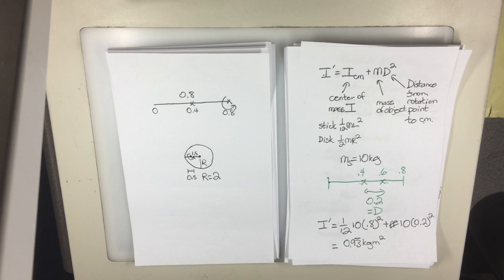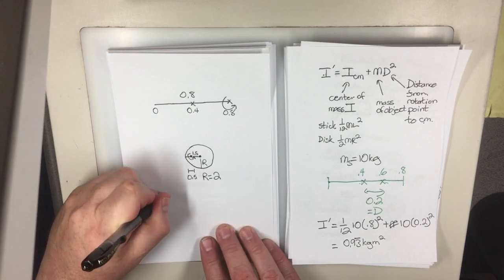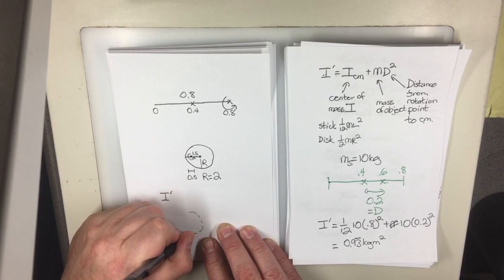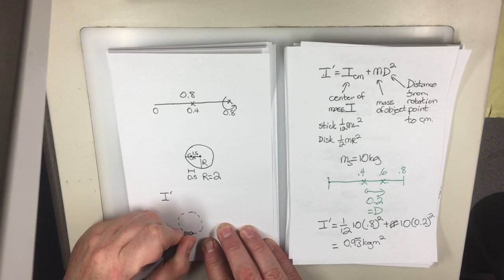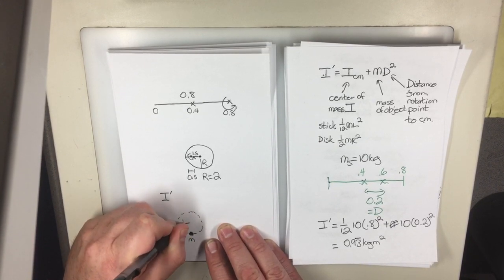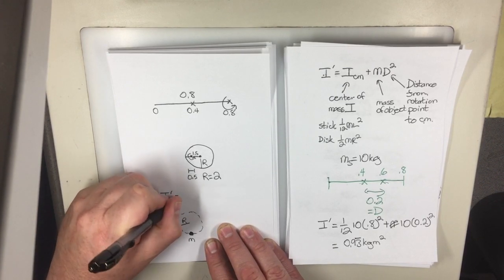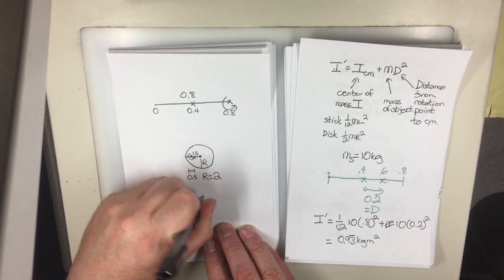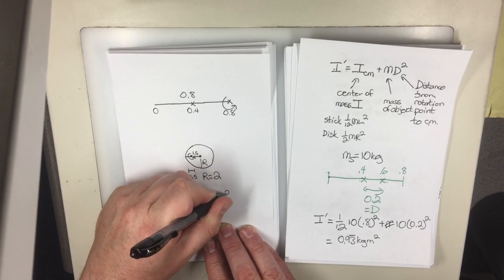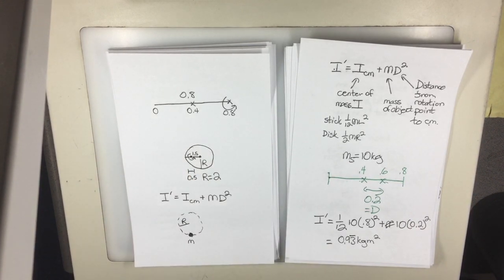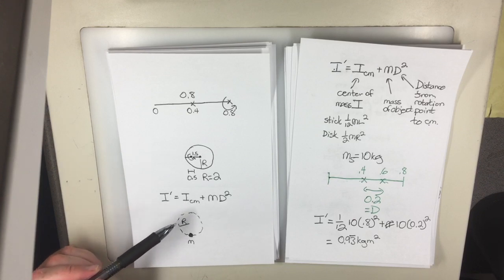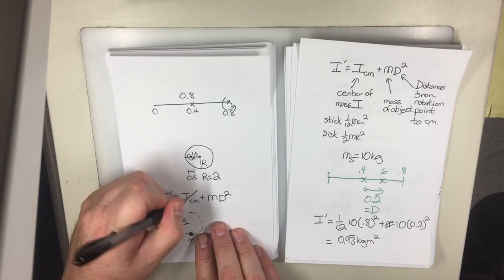The one thing that is interesting: if you look at the parallel axis theorem, let's say you have a point mass moving around radius r. The moment of inertia of the center of mass of a point particle is 0.